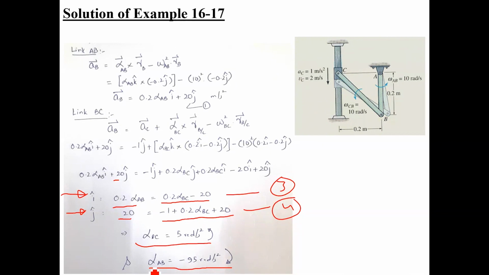This negative sign indicates that alpha AB is in fact in a clockwise direction. However, alpha BC comes out to be positive, which means that our assumption is correct, and alpha BC is along the counterclockwise direction. Is it clear to all of you? Yes, sir. Any query which you want to ask regarding example 16-17?